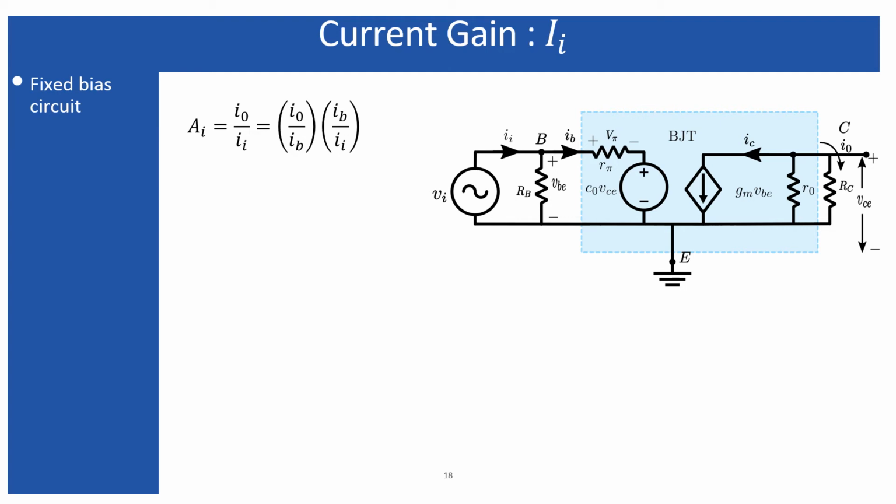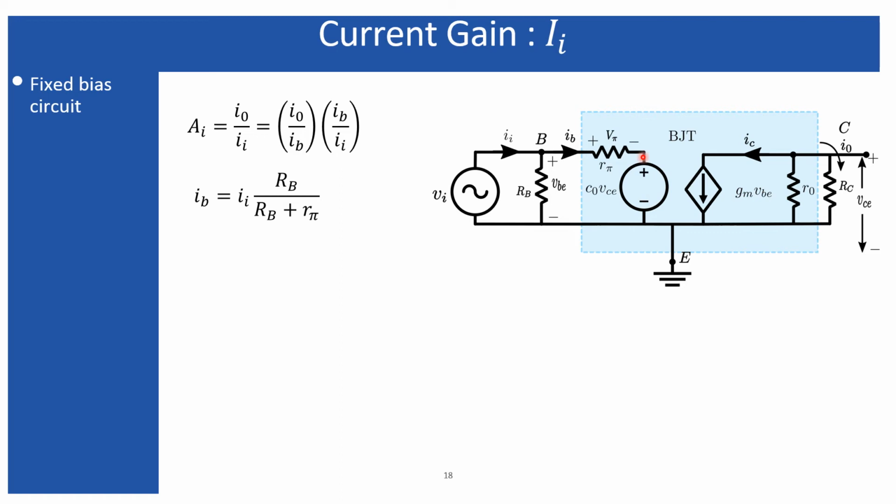Now the base current to the input current, that ratio can be obtained by the simple current divider rule, where before applying the current divider rule, you have to consider the short circuit across this voltage source, but keeping its internal resistance along this branch. But in this case also, I am considering there is no internal resistance for this voltage source.